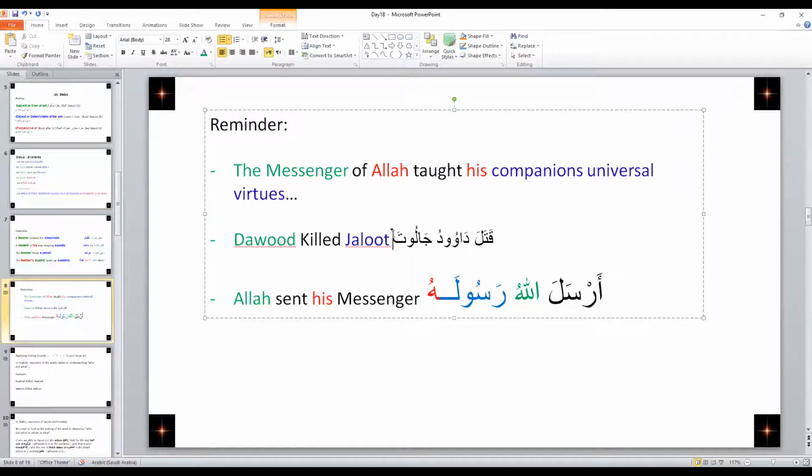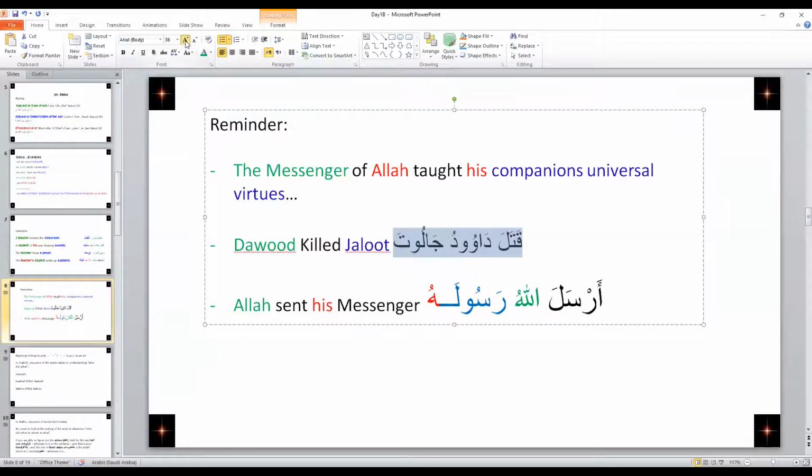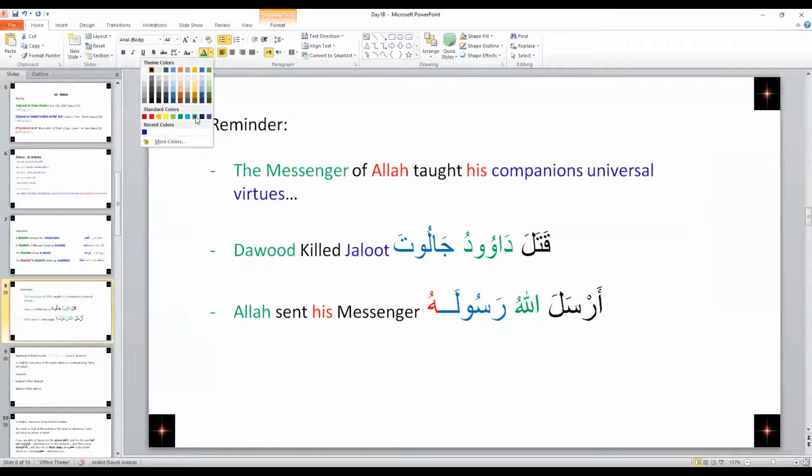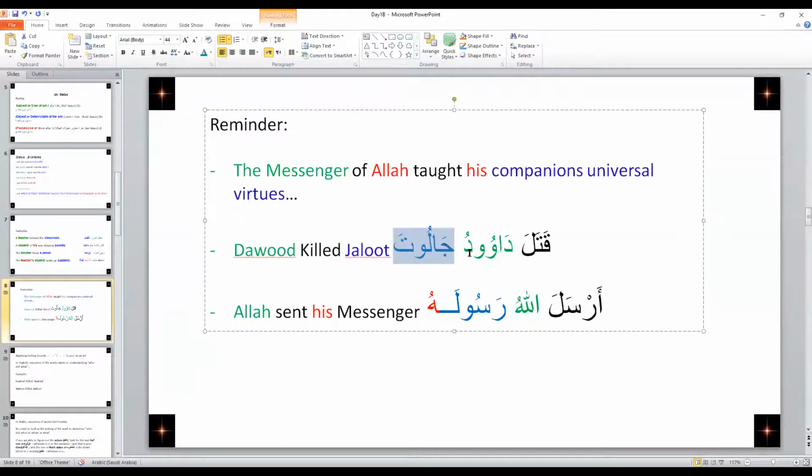Now because this is Arabic, what we need to understand is that the U here tells you that it is this one who did the action, so it will be in Rafa status. Jalut is in Nasb status because it received the action. It is the done to or the victim of the action.